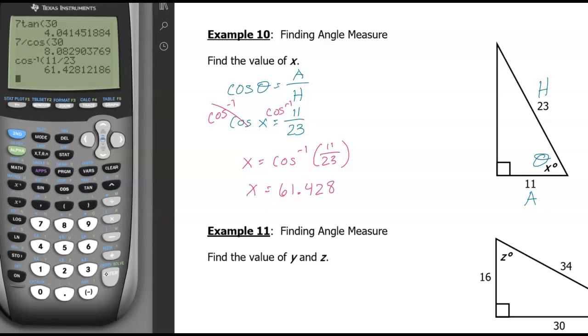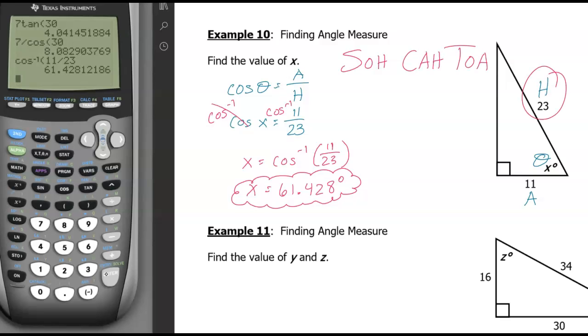But this is an angle, so what does it need? A degree symbol. Any questions there? Yes, what's your question? Because we have an H and an A, the only one that includes H and A is cosine.